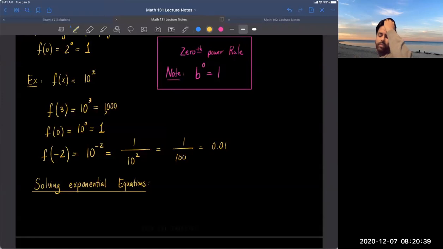An example of that, we can start slow. What if I have 6 to the 2x equals 6? Solve for x.